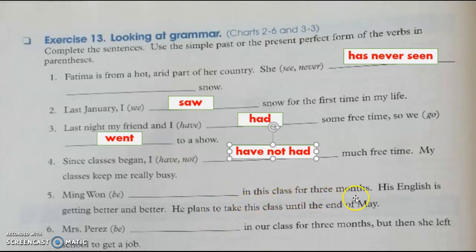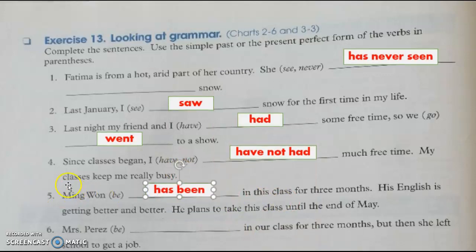Well, for 3 months, and he plans to take it until the end of May. These words tell us that the action is somehow continuing. So it's the present perfect. Ming-Wan has been in this class for 3 months. So he started the class 3 months ago and he is still continuing this class now.